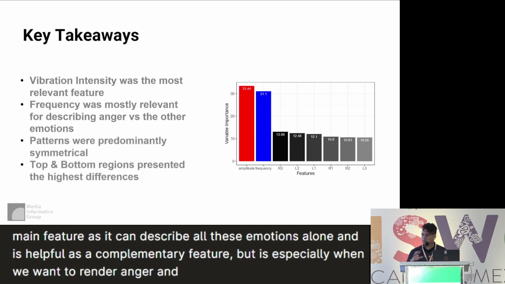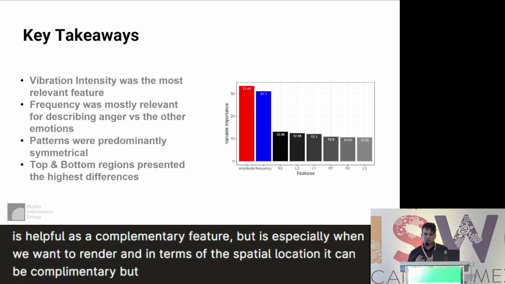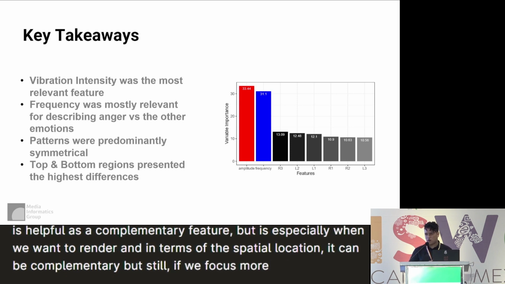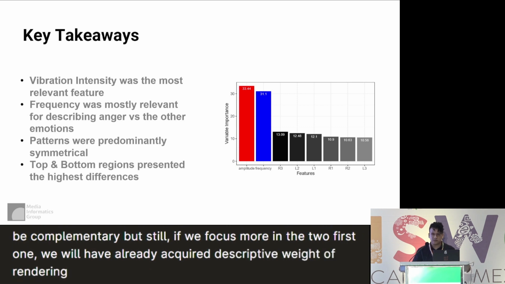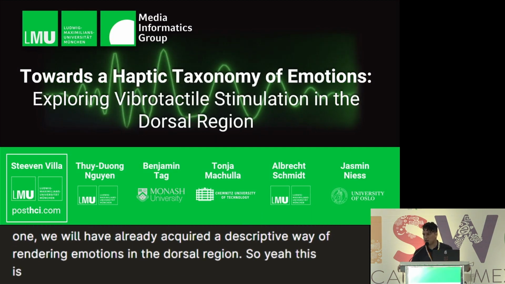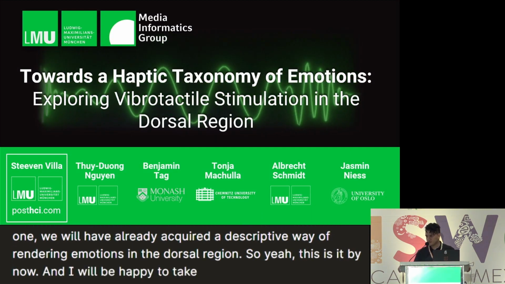In terms of spatial location, it can be complementary, but if we focus on the first 2 features, we will already have a quite descriptive way of rendering emotions in the dorsal region. So, yeah, this is it for now, and I will be happy to take any questions.